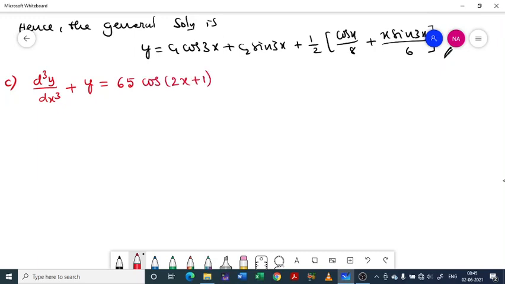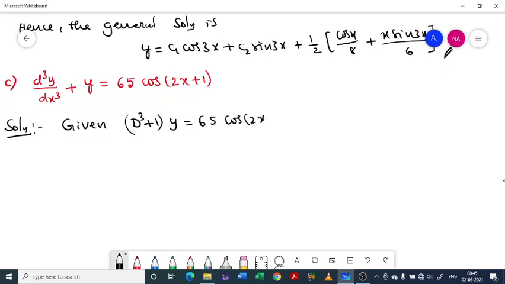Solution. So the given equation is d cube plus 1 times of y equal to 65 cos of 2x plus 1, where d stands for d by dx.